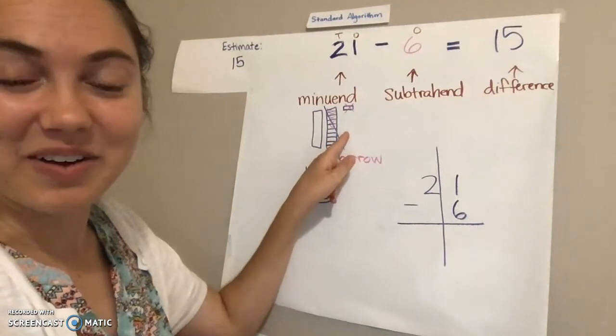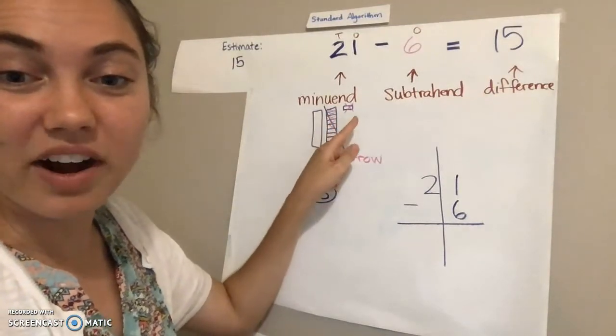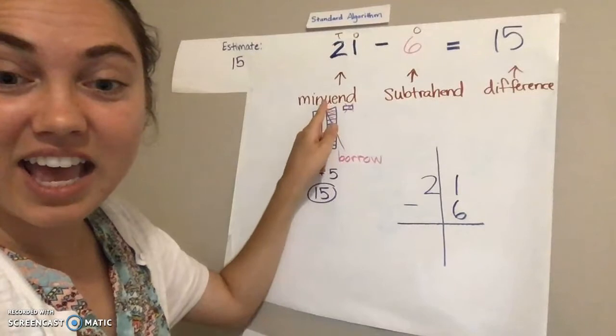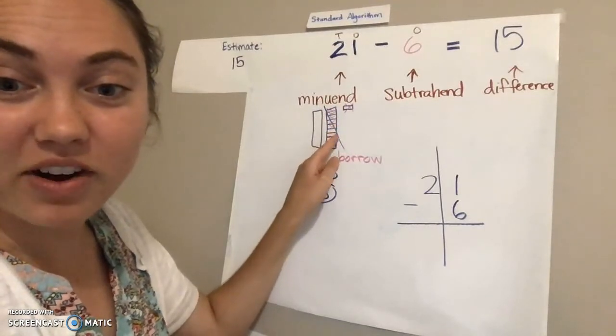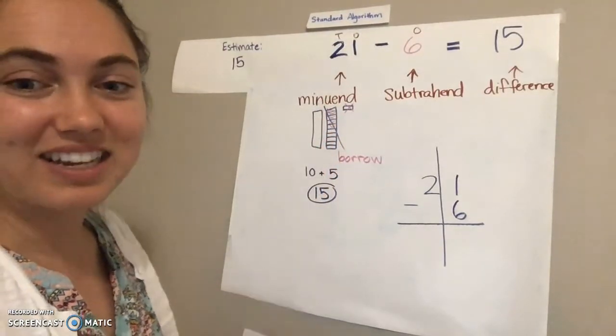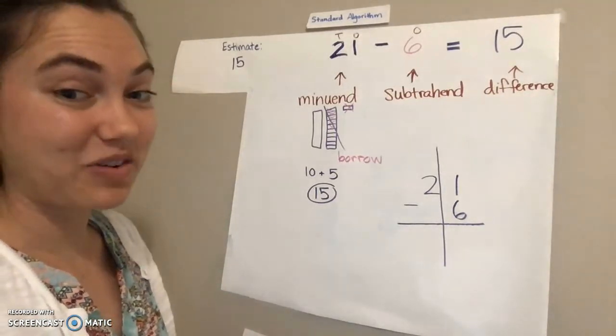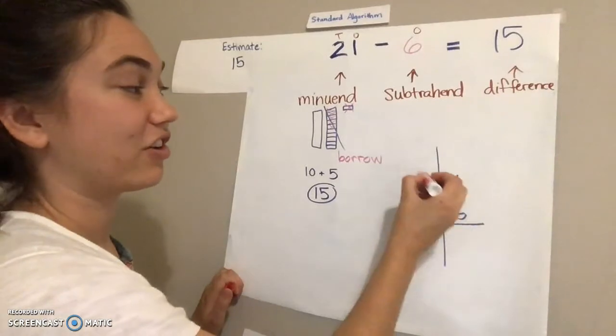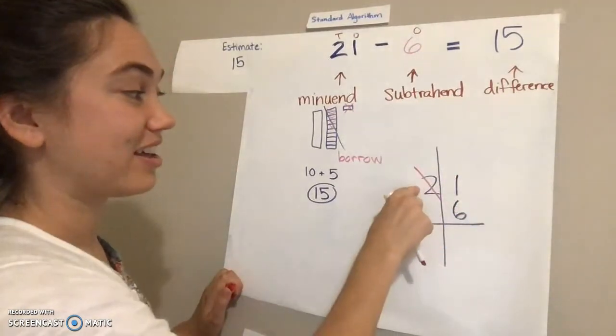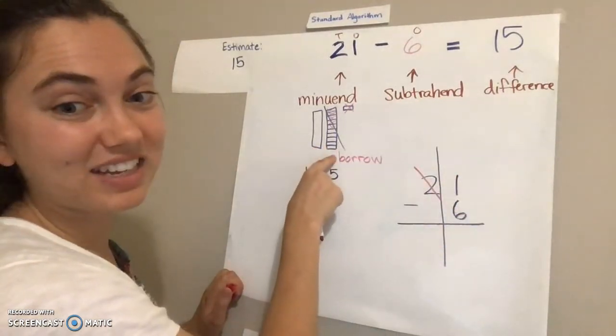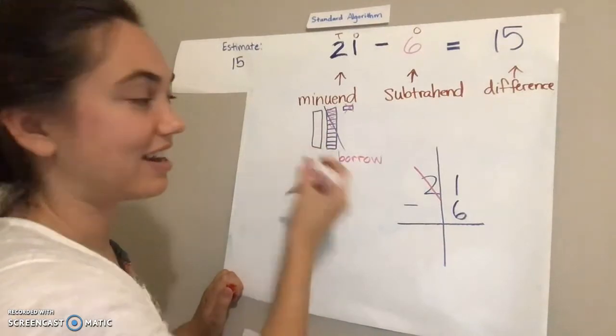Look at what we did here. We went next door to the tens and crossed it out to borrow and find some ones. So we are going to go next door, cross out a 10. Remember, we had 2 10s. Now we just have 1 10.